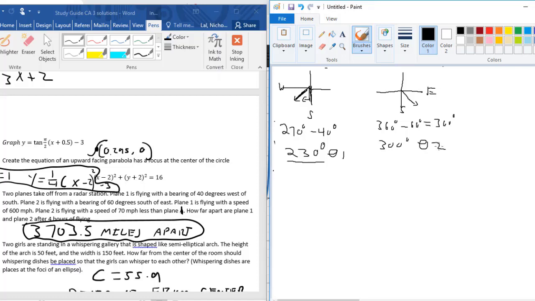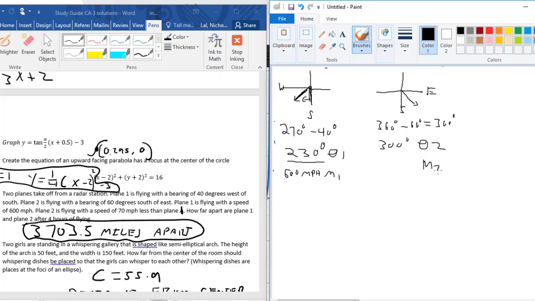Our magnitude for direction 1 is going to be 600 miles per hour. So 600 miles per hour, that's magnitude 1. Why is it 600 miles per hour? Because it's given that plane 1 is flying with a speed of 600 miles per hour.